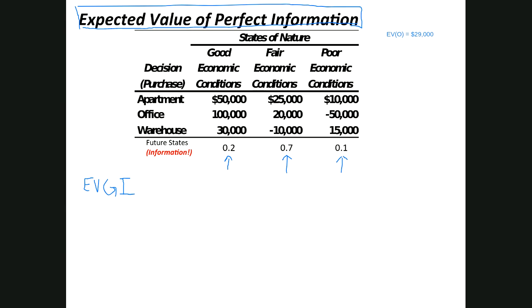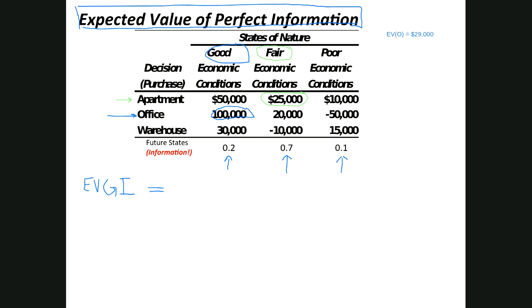All right. So if we go to our analyst and the analyst tells us the economy is going to be good, what will we do? What will our return be? Well, in that case, we'd invest in the office and the return would be $100,000. If the report says the economy is going to be fair, we would invest in the apartment and the return would be $25,000.